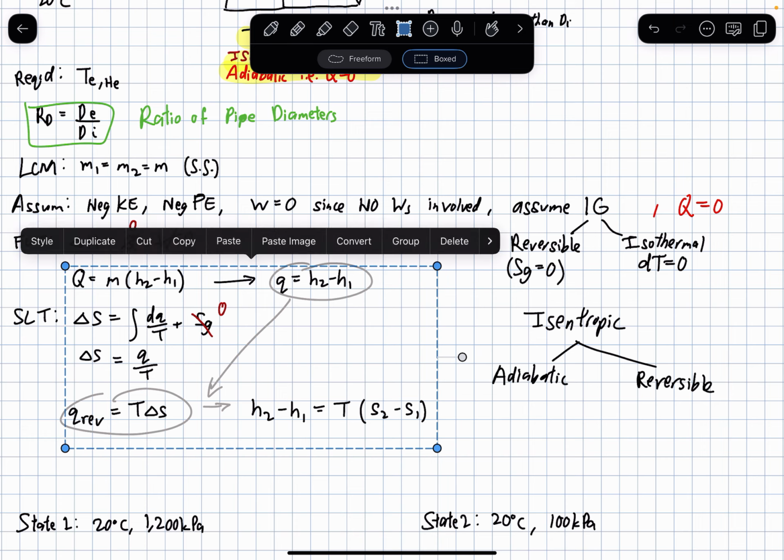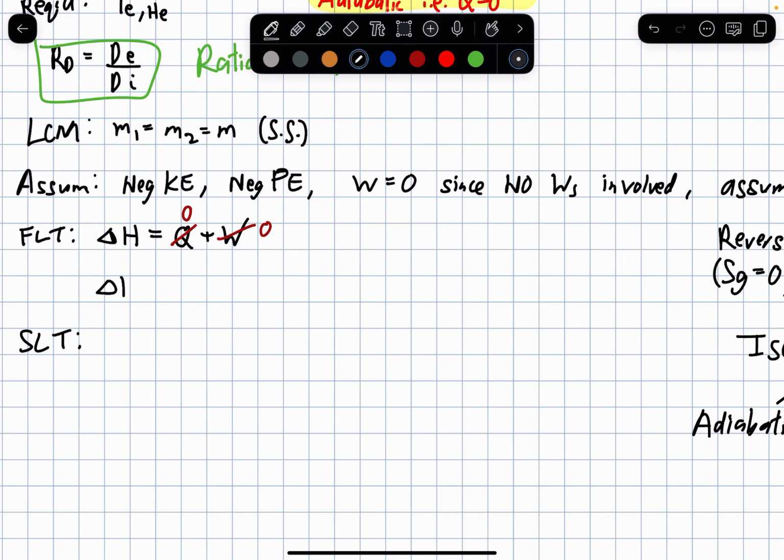Technically, this isn't wrong. Let's remove all this. So delta H is equal to 0. Here, it's specific enthalpy, no? Because process is isothermal, so yeah, delta h is 0.